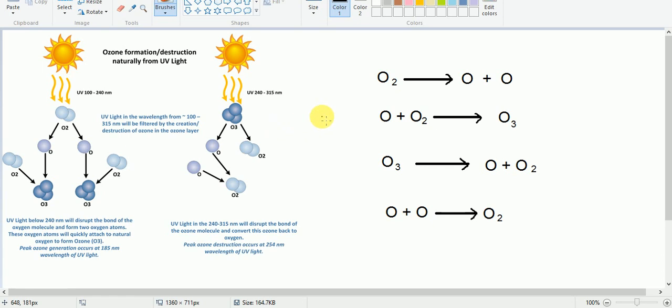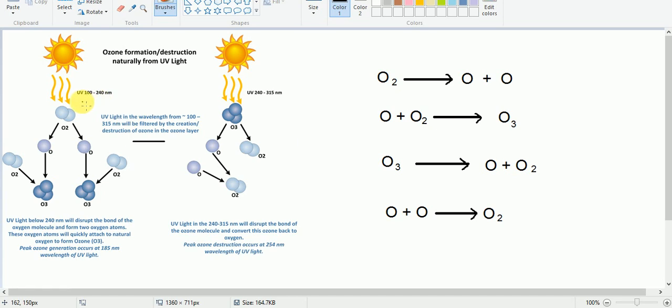You must know that these ultraviolet rays are filtered mainly by the creation and the destruction of ozone. That means ultraviolet rays are used for the creation and destruction of ozone naturally, and by that process this layer acts as a shield, that means it absorbs. Now let us see the process.